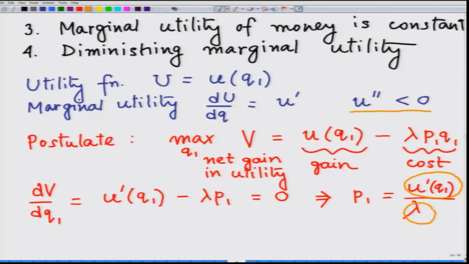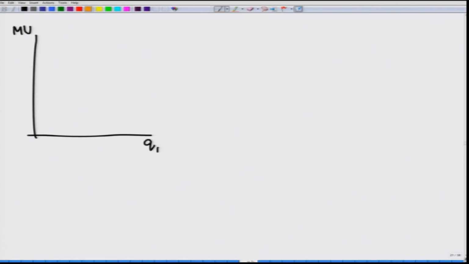So, that means that u prime as a graph will be a downward sloping graph. And each point on this graph gives you, for simplicity's sake, if you assume that lambda takes value 1, then that first order condition for net utility maximization gives you the quantity demanded by the consumer at each price.